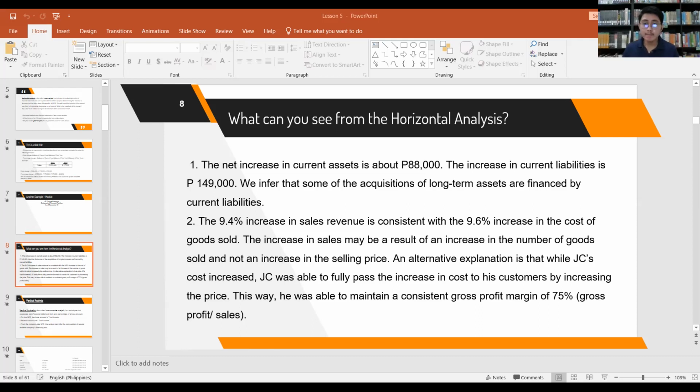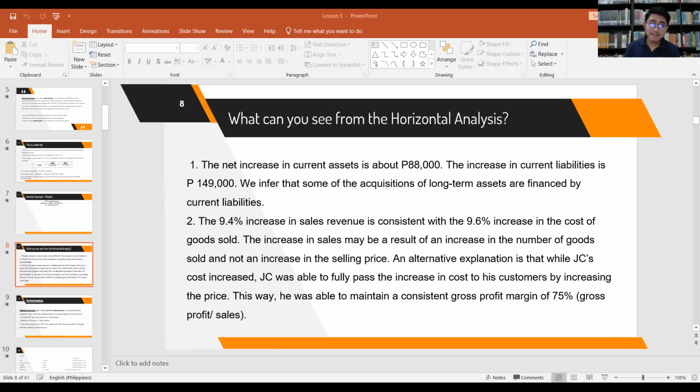Okay, so we cannot determine the changes of the statement kapag isa lang po yung gamit nating year. So dito we have year 2019 and year 2020. Okay, so dito as you can see, it is in P1000. Ibig sabihin, shinort lang natin because hindi po siya ganun kasya.